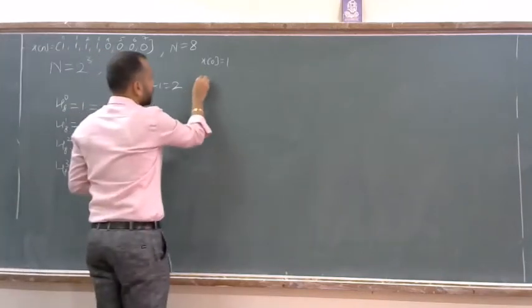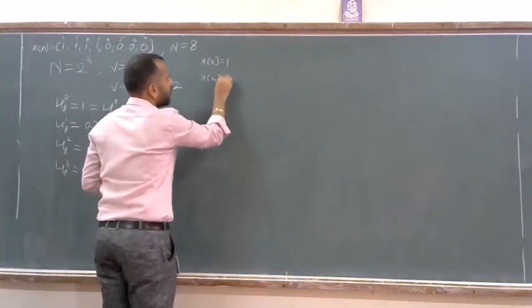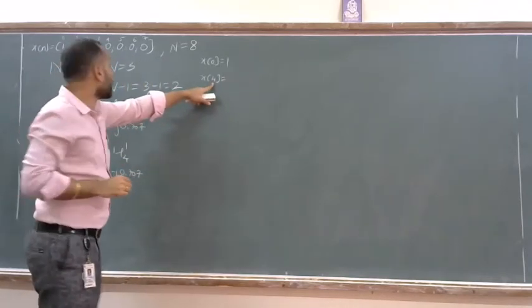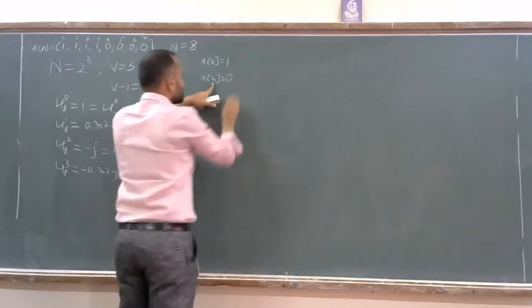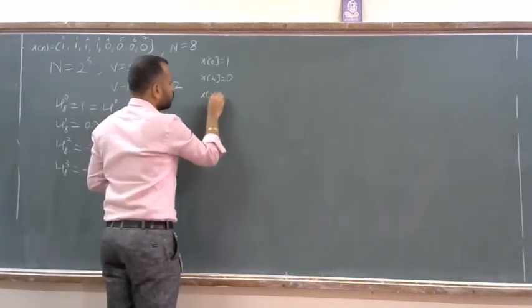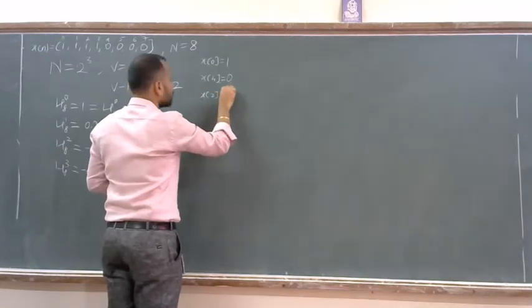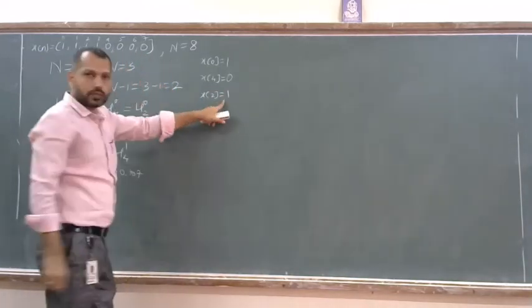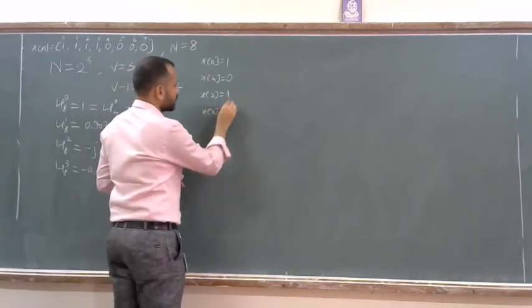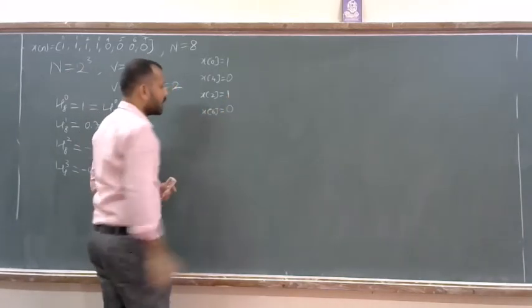Next index value, according to the bit reversal, will be x of 4. And x of 4's value in the given sequence is 0. Next index value will be x of 2, whose value is 1 in the given sequence. Next will be x of 6, whose value is 0.